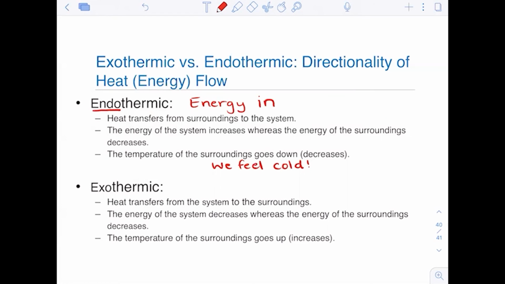And so therefore, the surroundings are actually feeling that temperature get colder. Exothermic, we can think energy out, exiting the system. Heat is transferred from the system to the surroundings. This is when we feel things get hot.